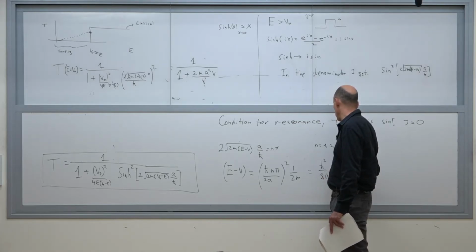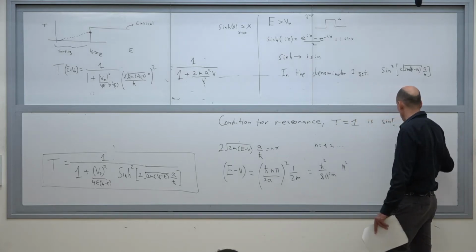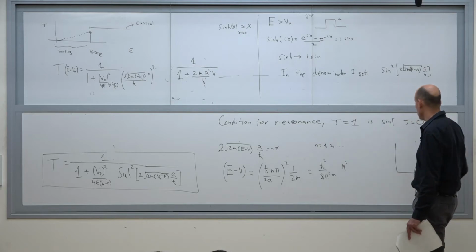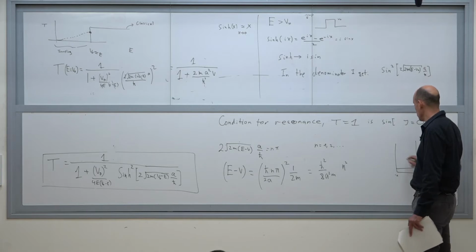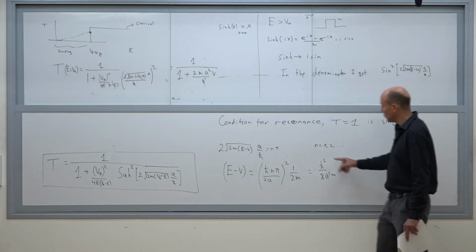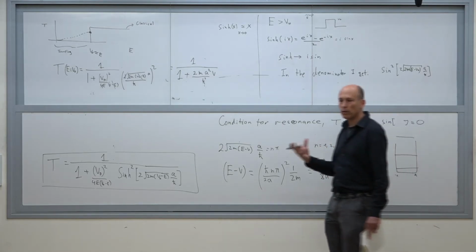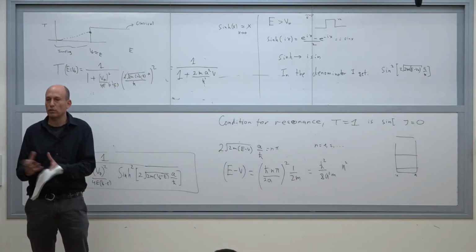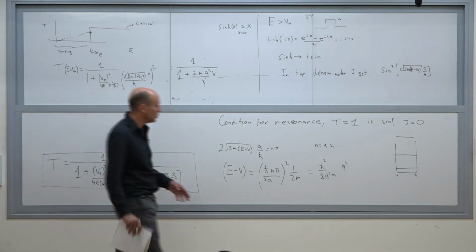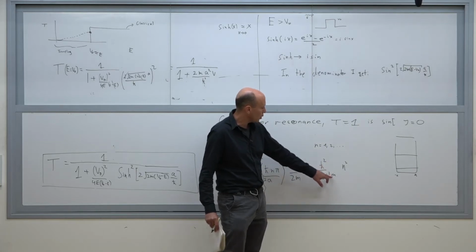E minus V0 equals h bar squared pi squared n squared over 8a squared m. Especially this n squared should be familiar to you from a particle in a box with infinite potential. Here you have the width a. The energy levels were separated by an n squared rule, and if you look at the units, h bar over a, squared, over m, this was the same prefactor that you had there, simply because you need a prefactor for energy, which has the same units, and of course units of energy come from h bar squared over a squared, that is momentum squared over m.